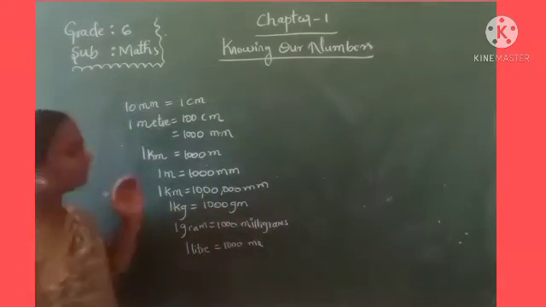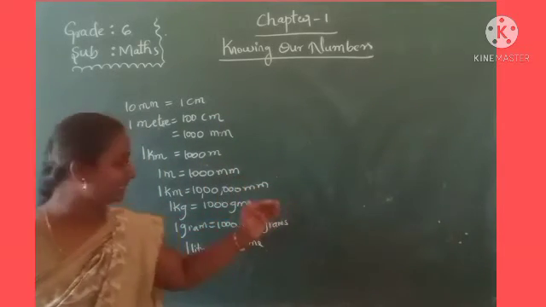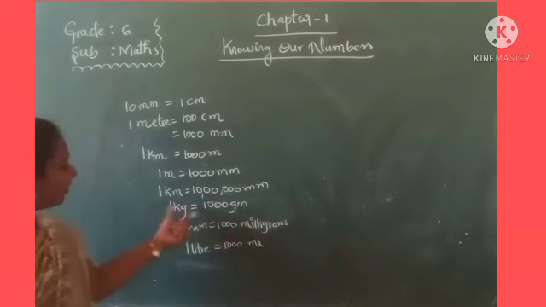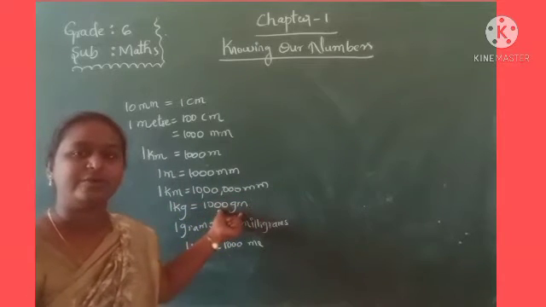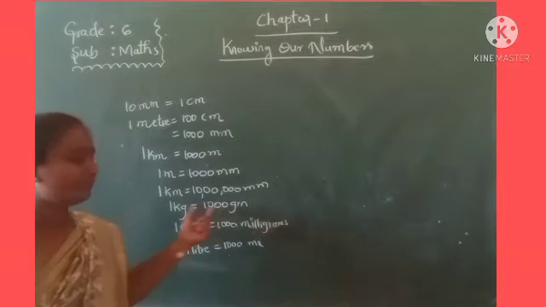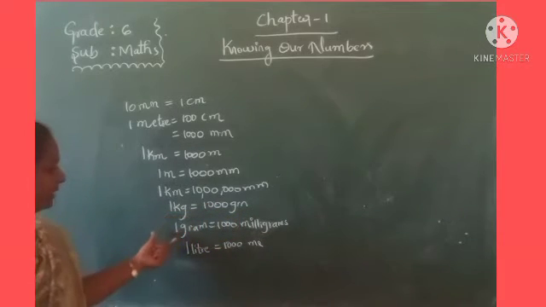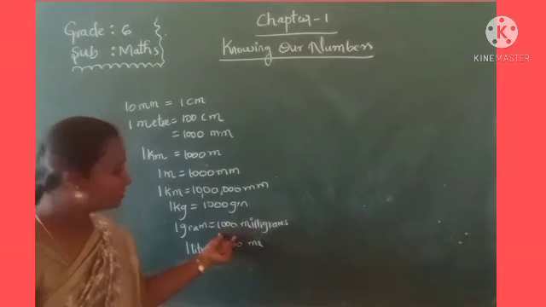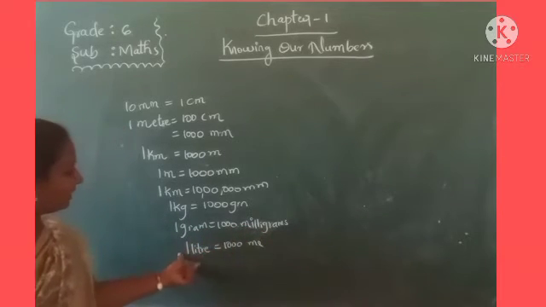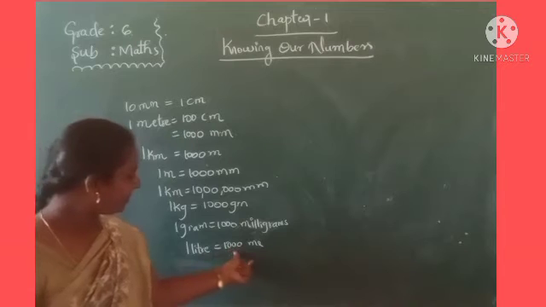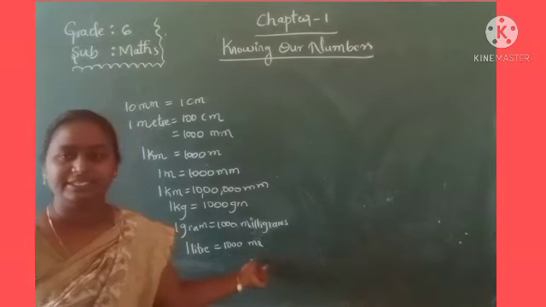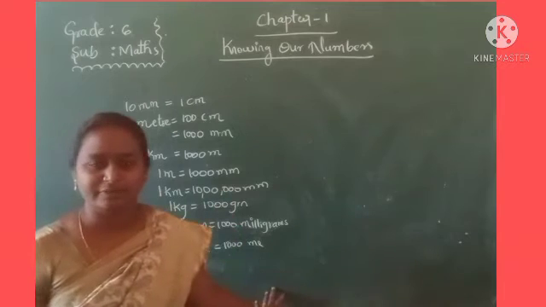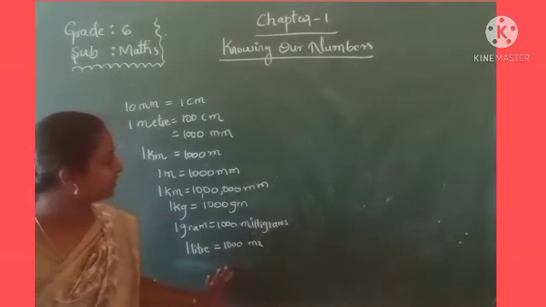So 1 kilometer is equal to 10 lakh millimeters. 1000 grams is equal to 1 kilogram. 1 gram is equal to 1000 milligrams. 1 liter is equal to 1000 milliliters. You have to remember all these in your mind.